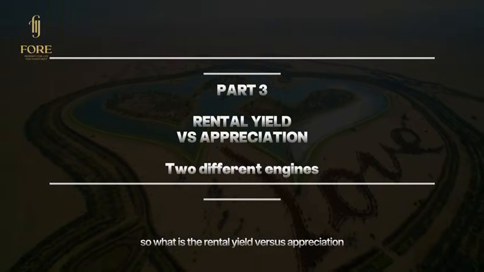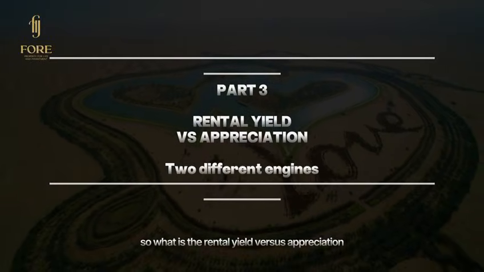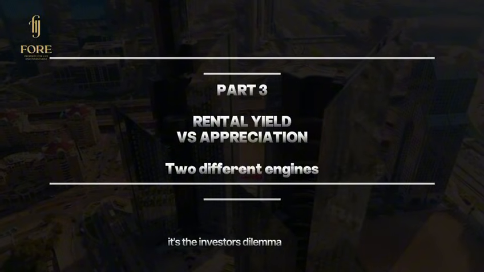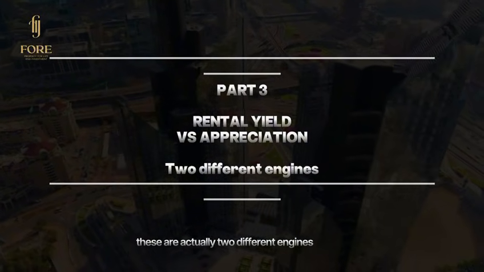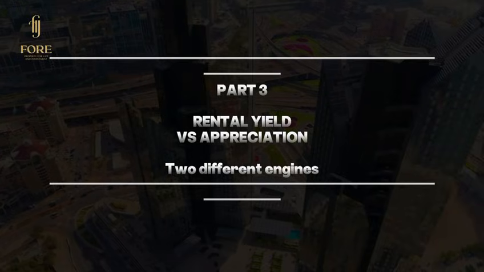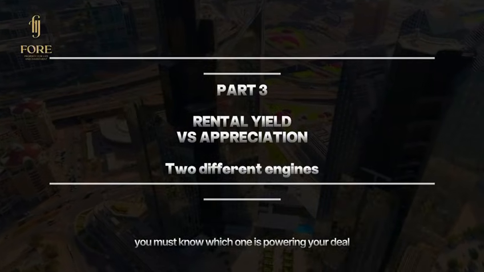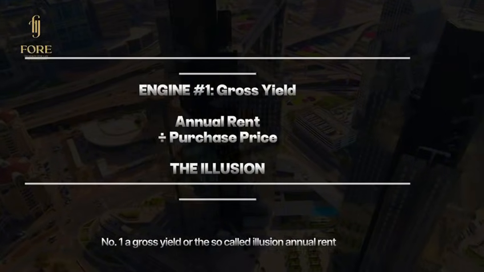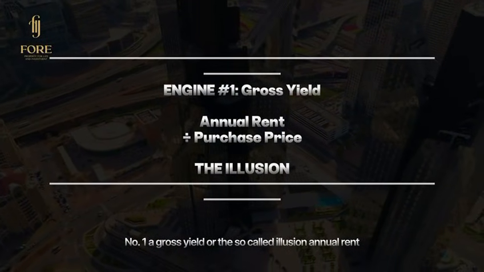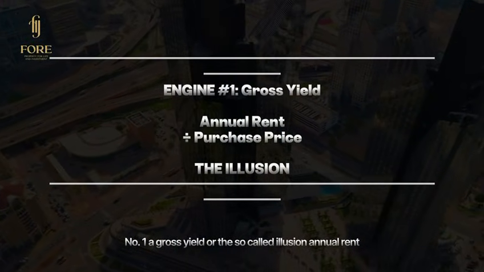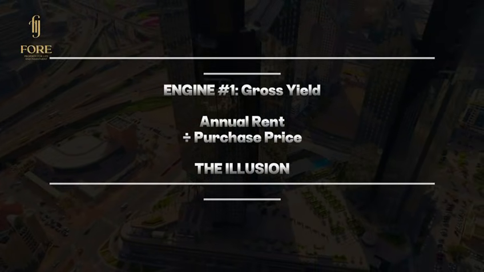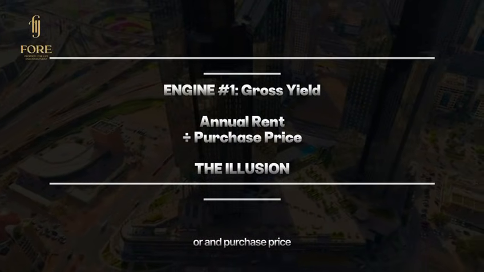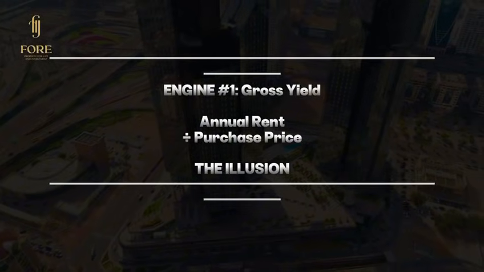So what is rental yield versus appreciation? It's the investor's dilemma. These are two different engines, and you must know which one is powering your deal. Number 1, gross yield, or the so-called illusion: annual rent divided by purchase price.